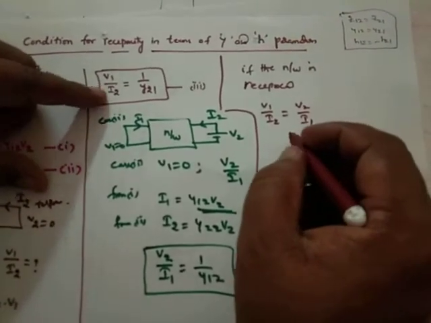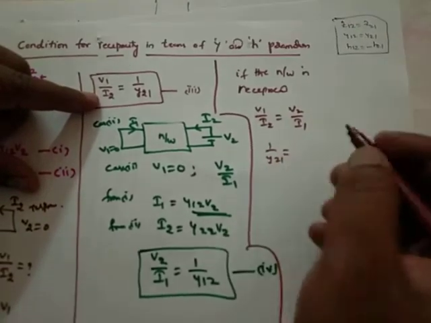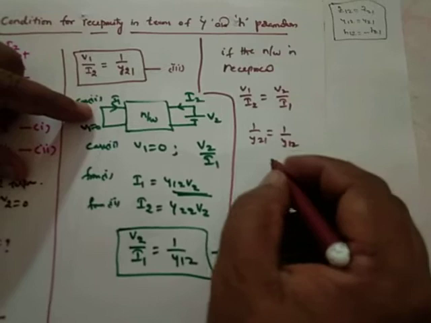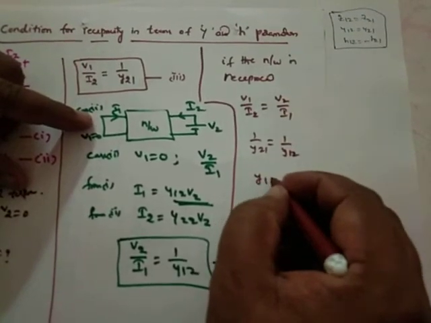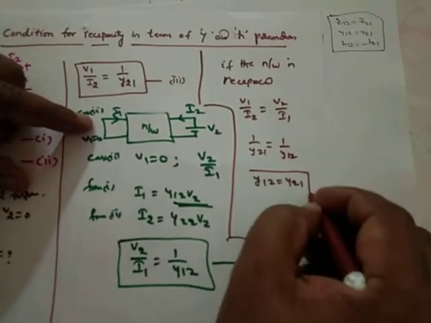That is, 1 by y21 is equal to 1 by y12. So from that, y12 is equal to y21.